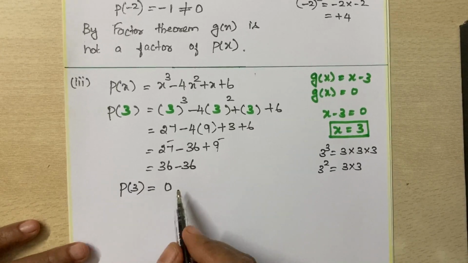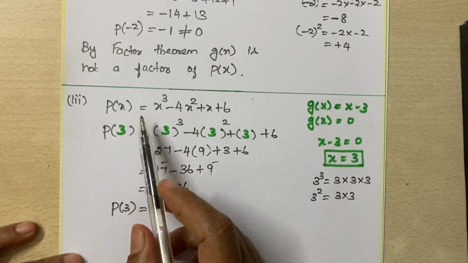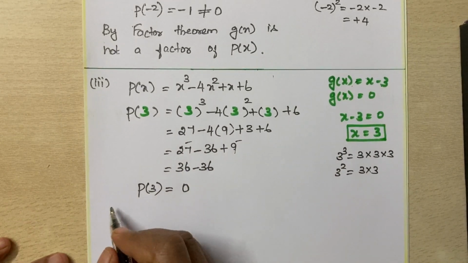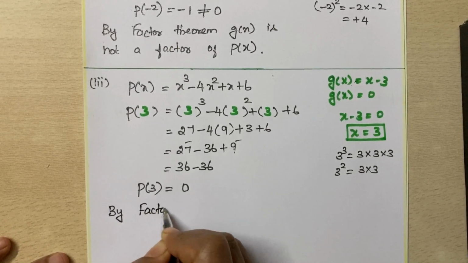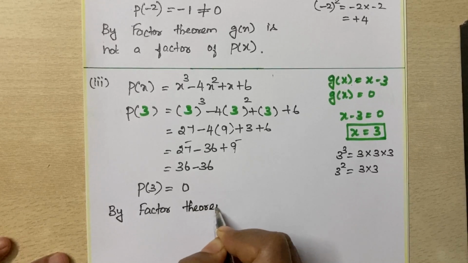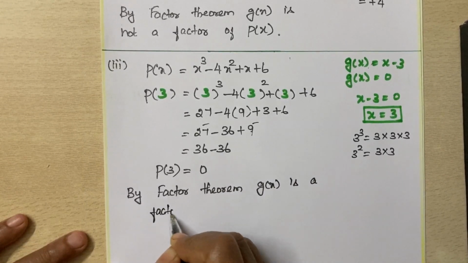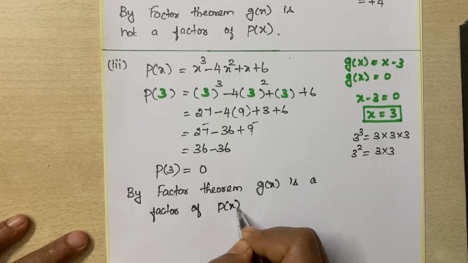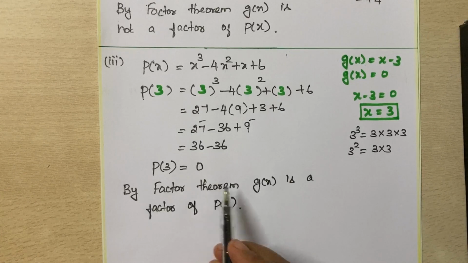This is equal to 0, which means g of x is a factor of P of x. So by factor theorem, g of x is a factor of P of x.